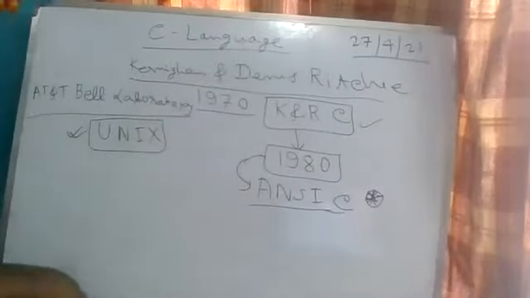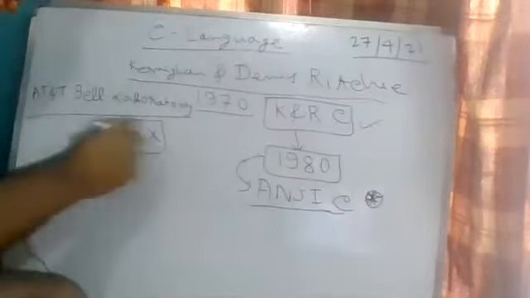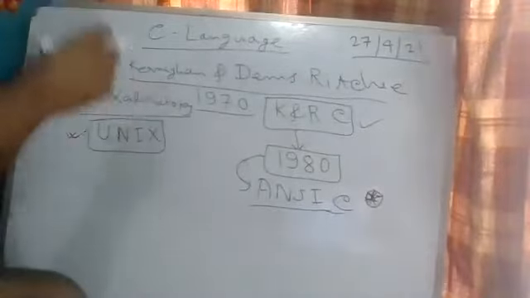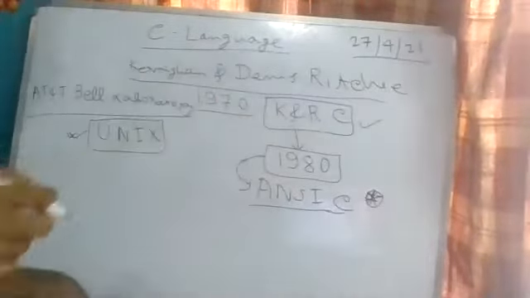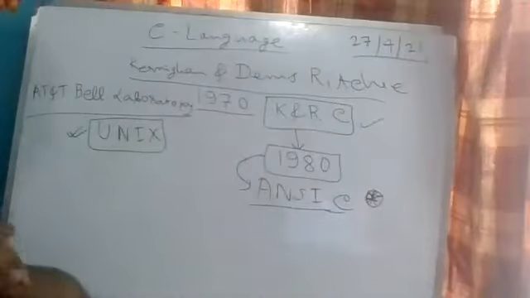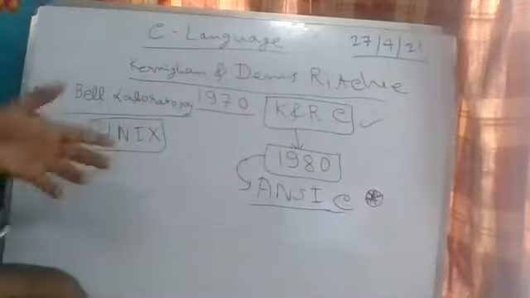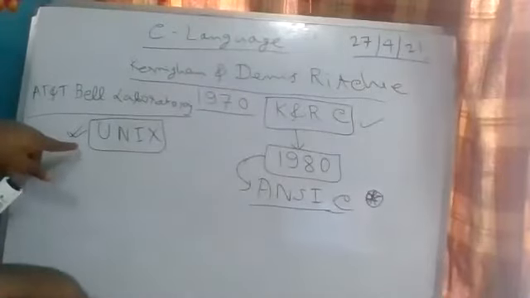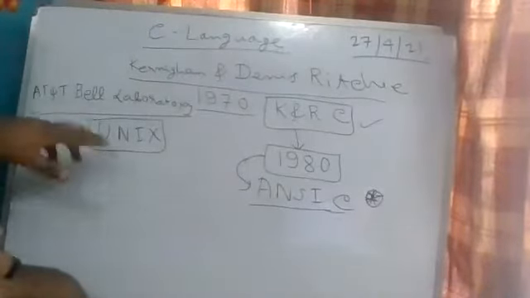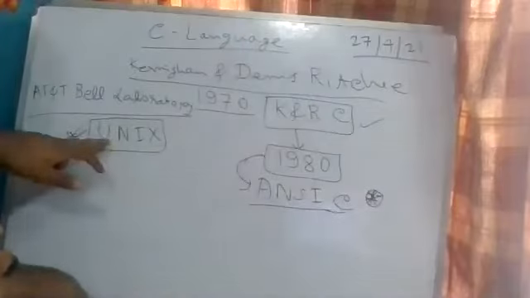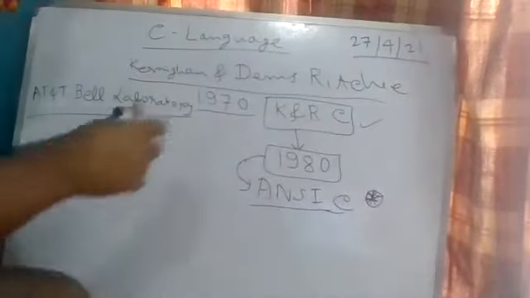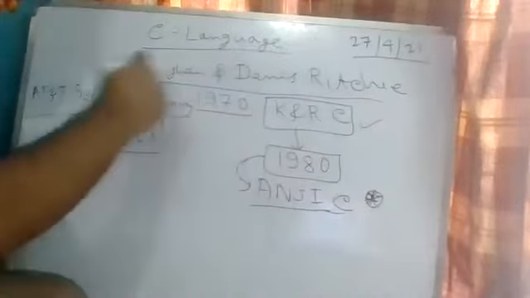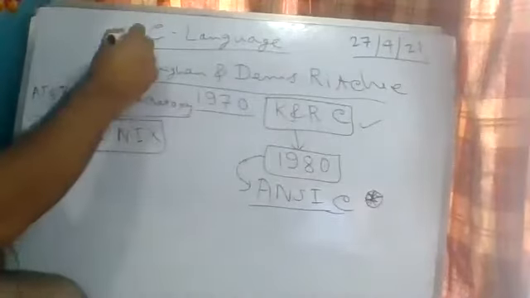While they were building Unix, during the same time, they felt the need to develop a new kind of programming language, which would help build such an OS and make the operating system so powerful. To build this operating system, they developed the C programming language.